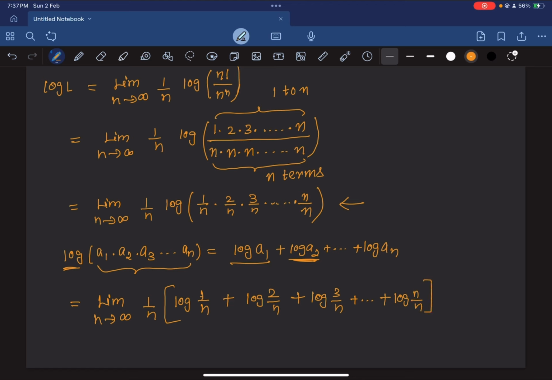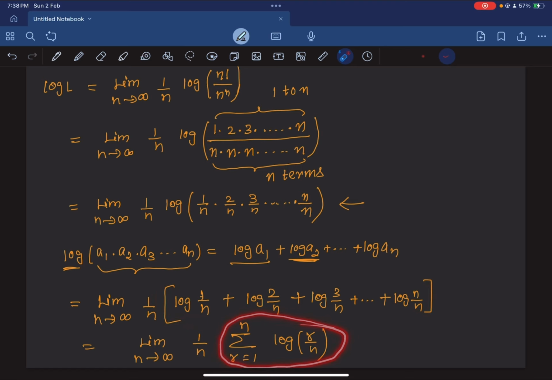Now this can be written again as limit n tends to infinity 1 by n times sigma r is equal to 1 to n log of r upon n. So you substitute r is equal to 1 in this sigma, you'll get the first term. Put r is equal to 2, you'll get the second term. And similarly put r is equal to n, you'll get the last term. So this whole bracket can be replaced by this particular sigma notation.